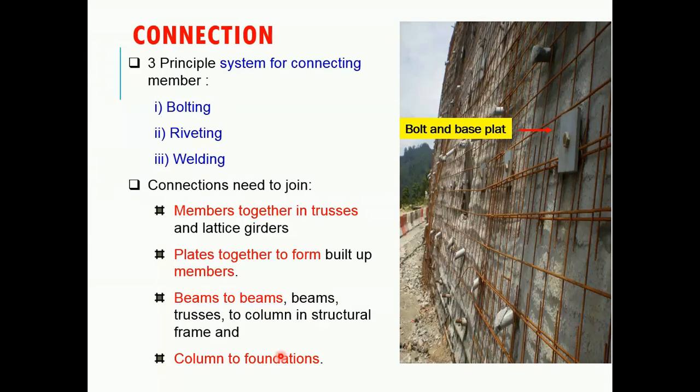The connection is necessary to join members together, for example in trusses or lattice girders, or to join plates together to form a built-up member. We also need to connect beam to truss and beam to column to form a solid structure, and for continuity of the structure.